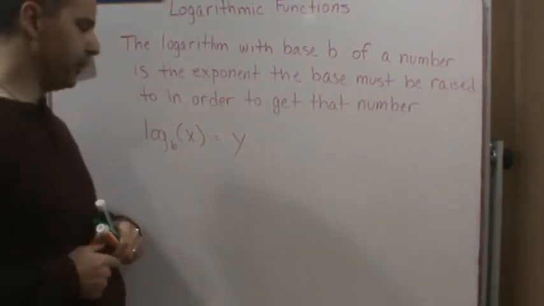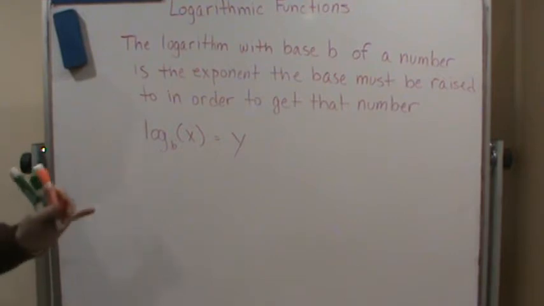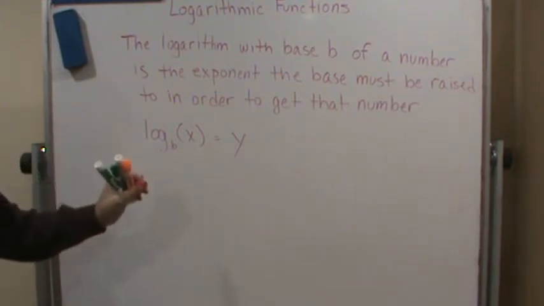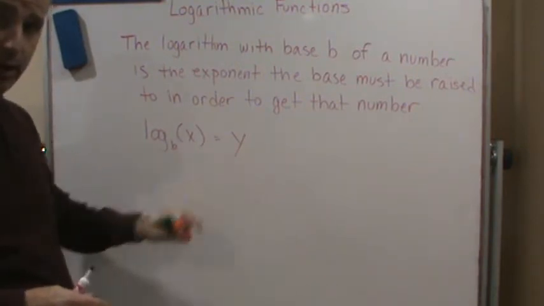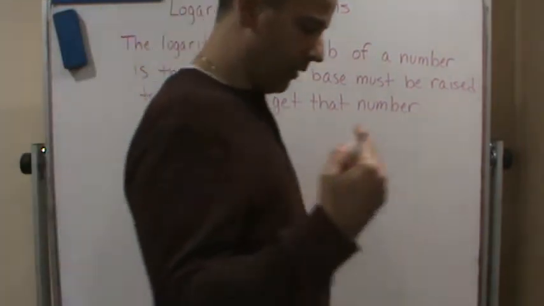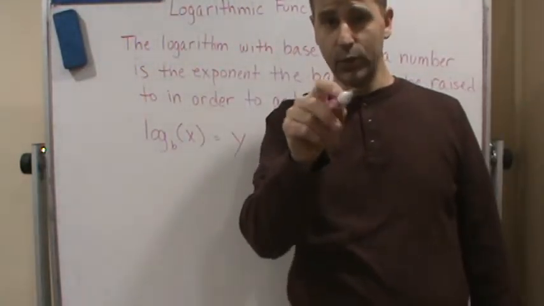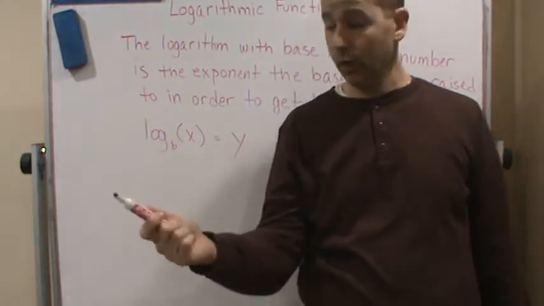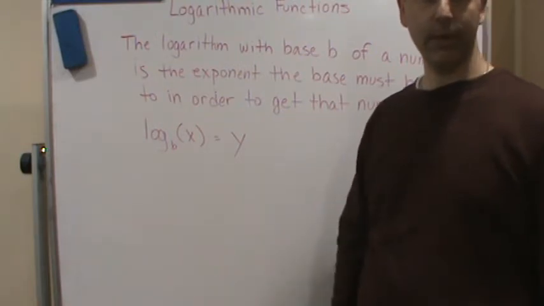And that brings up a point of writing logarithmic functions in exponential form, because logarithms are the inverse function of exponential functions. Remember, exponential functions are one-to-one, which means that they have an inverse. Well, guess what? The inverse function of an exponential is a logarithmic function.